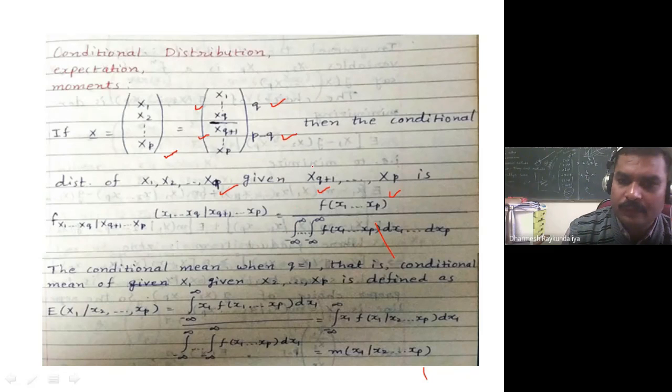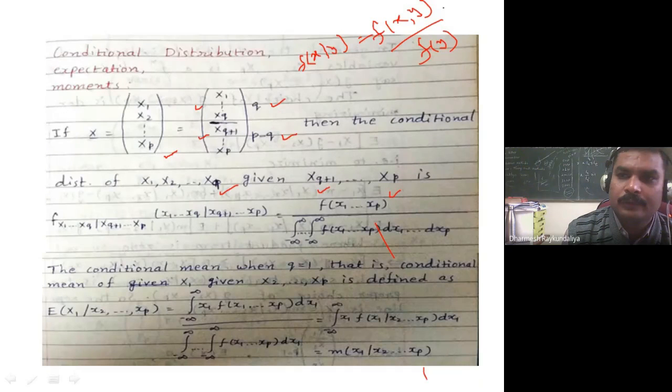We know that f of x given y is nothing but f of xy divided by f of y. So you have to write the joint density of x and y, and divide this joint density by the marginal of y. Then you can get the conditional density of x given y.